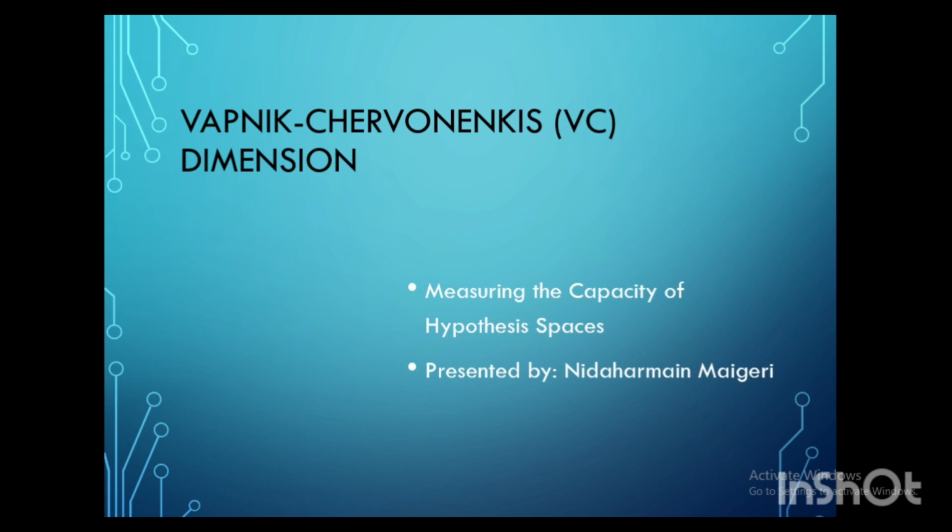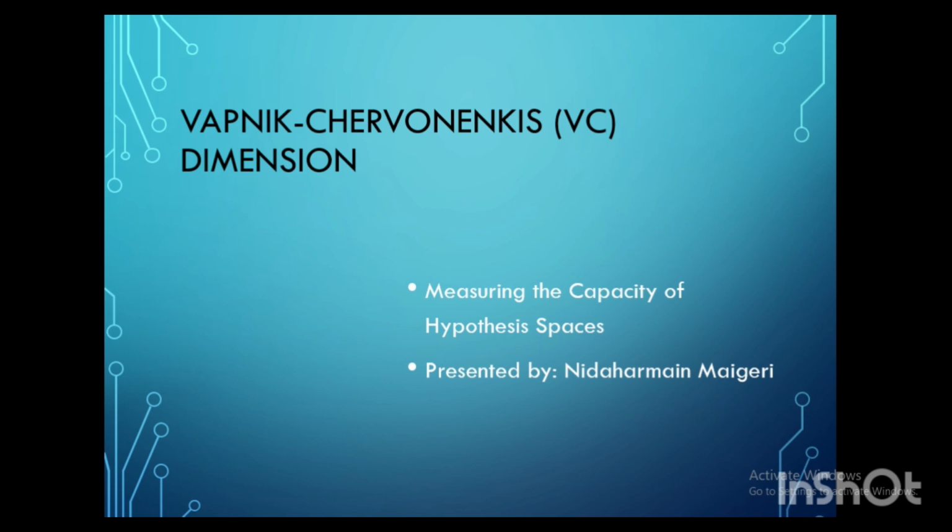VC dimension is a measure of learning capacity or expressive power of a hypothesis space, a set of functions a model can choose from. It was introduced by Vladimir Vapnik and Alexey Chervonenkis, a foundation of statistical learning theory.